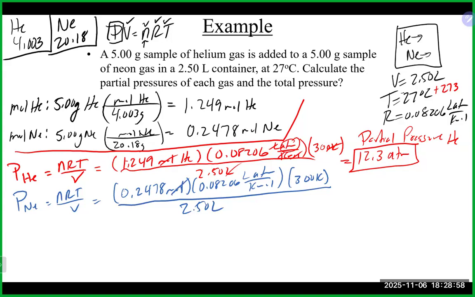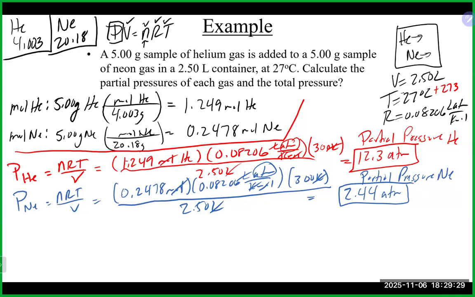Once again, everything cancels out except the atmospheres. That looks like 2.44 atmospheres, and this would be the partial pressure of neon in that case. Any questions on those two?